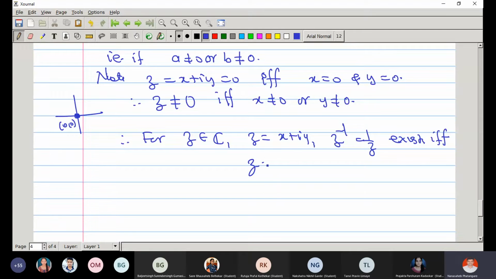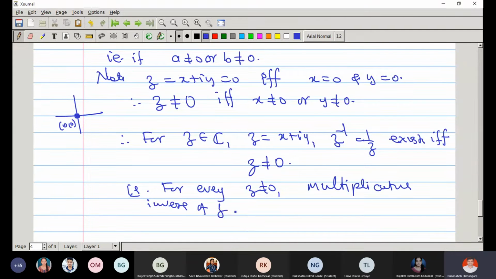That is, for every Z not equal to 0, the multiplicative inverse exists. Right?